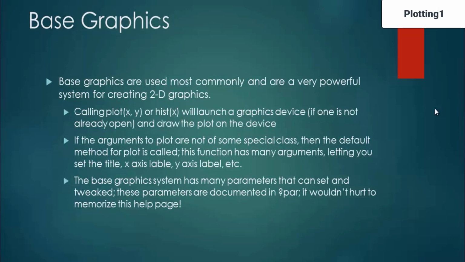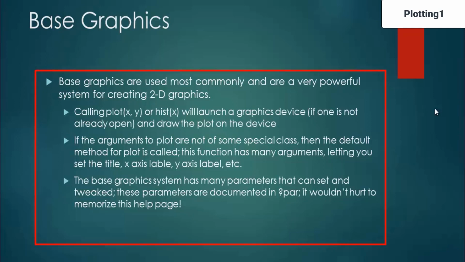So what are these base graphics that we use in R programming? They are used most commonly and are a very powerful system for creating two-dimensional graphics. Simple graphs like plot(x, y) or hist(x) will launch a graphics device if one is not already open, and will draw the plot on the device.